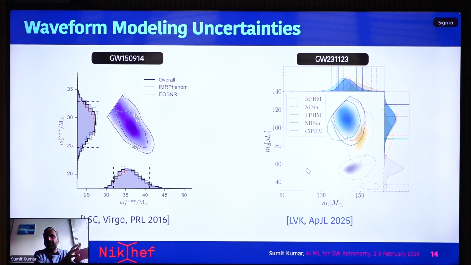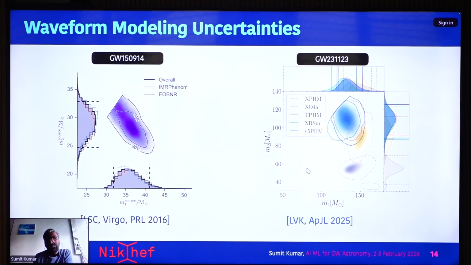So there is an uncertainty in the noise characterization, or the systematics in the noise characterization. The other are the waveform modeling uncertainties themselves. There is no need to convince you all that we already are in a regime where the waveform systematic is a serious issue. For example, this is the IMRPhenom model and effective one-body waveform model in the case of GW150914, and on the right-hand side, various waveform models for the masses for the 231123 signal, and it's all over the place.